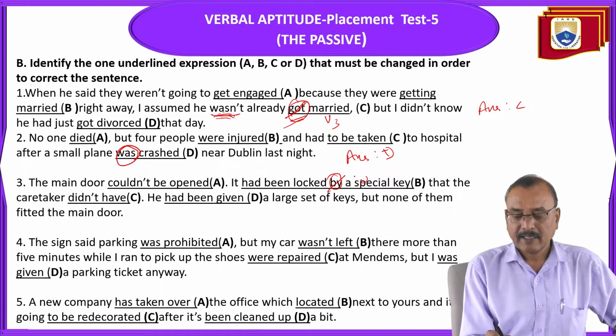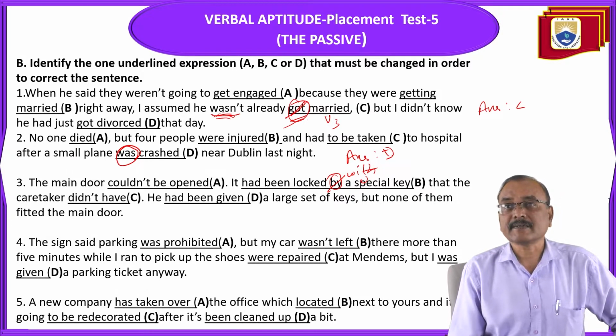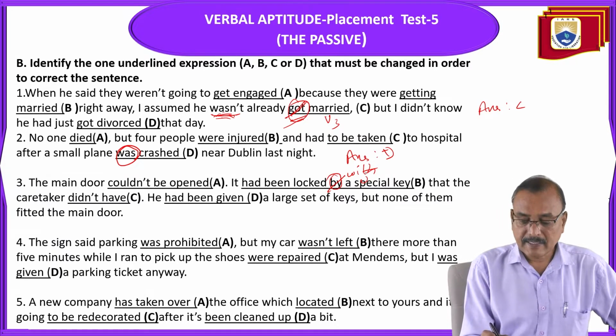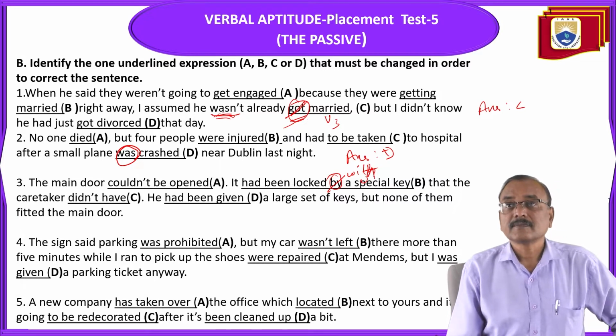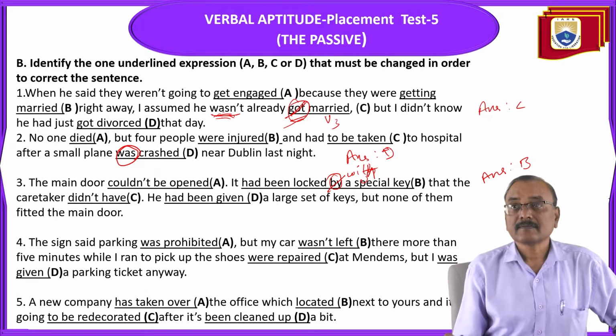So "by a special key" is wrong here. We have to write it as "with a special key". With a special key. So the answer here is B. Right?